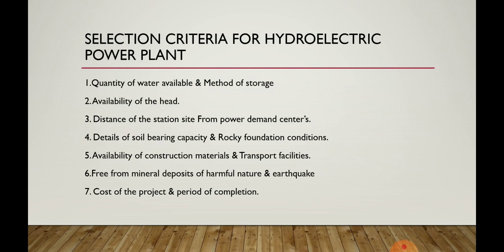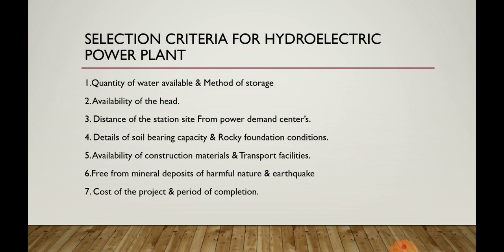Now, the following are some points which are important while selecting the site for the hydroelectric power plant. First is the quantity of water available and the method of storage, the availability of the head, and the distance of the station site from the power demand centers.